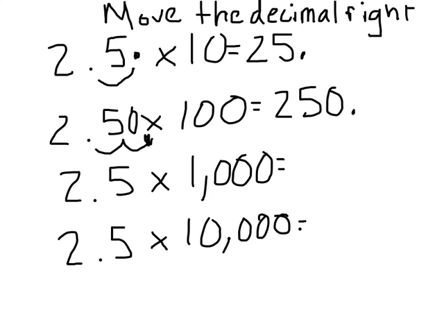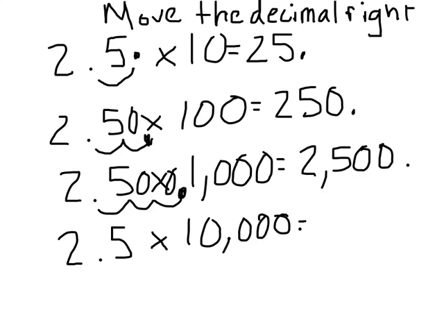If I do 2 and 5 tenths times 1,000, how many places do I need to increase? Well, 1,000 is 10 to the third power, so I need to increase 3 places. 1, 2, 3. So my answer is 2,500. And finally, if I do 2 and 5 tenths times 10,000, how many places do I need to increase?